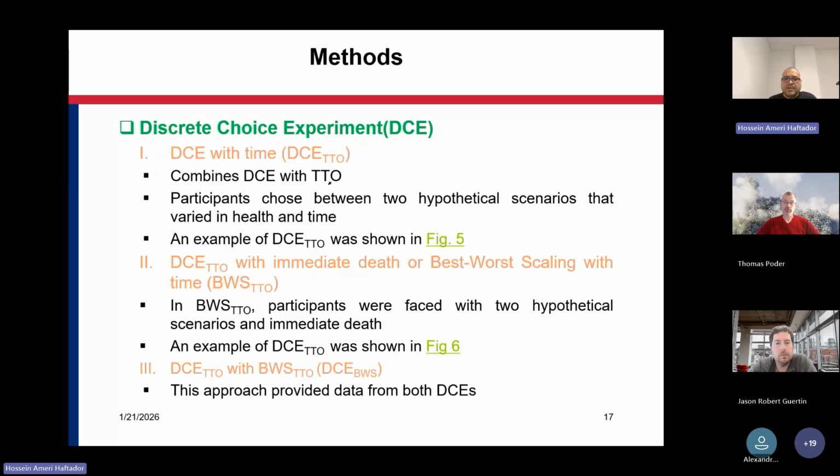A person compared three health states and finally answered two questions. Which option is the best? Which option is the worst? Finally, we combined DCE TTO and BWS TTO to provide data from both DCE.